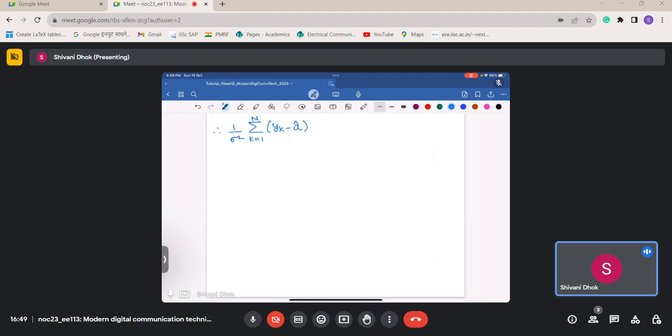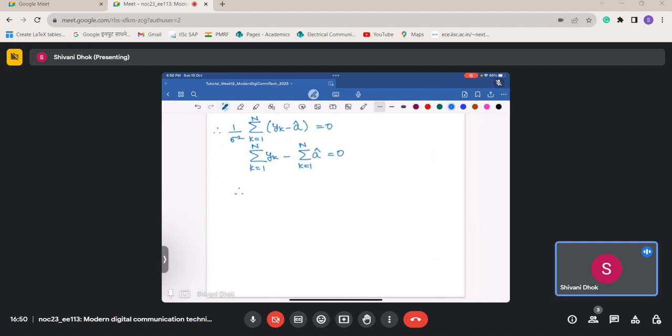Now this 1 by sigma square is a constant term, so I can just take it to the right hand side and get it multiplied by 0. So what we have is summation k running from 1 to capital N of yk minus summation k running from 1 to capital N of a hat equal to 0.